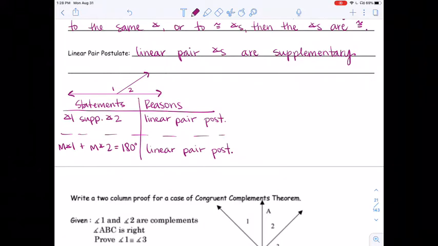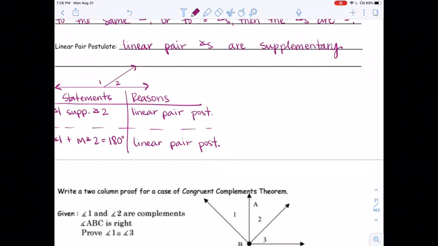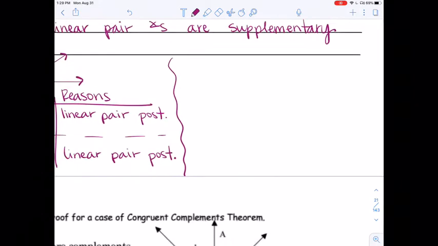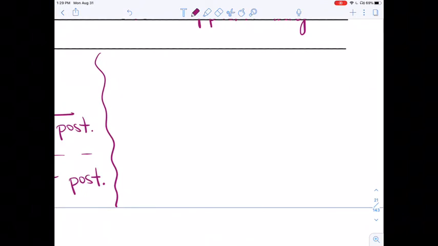Okay, so now let's talk about our congruent supplements theorem. So I'm going to draw some angles out here. Let's say we've got angle 1 and we've got angle 2.